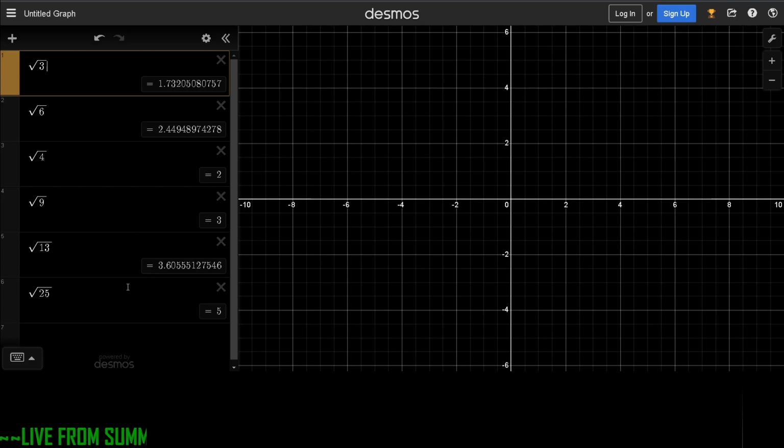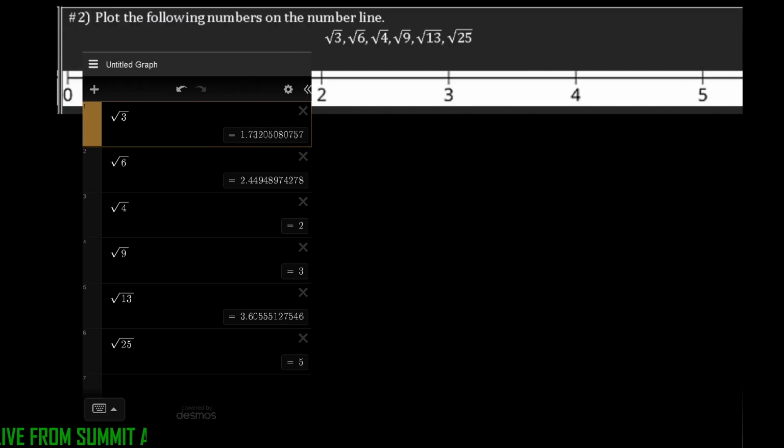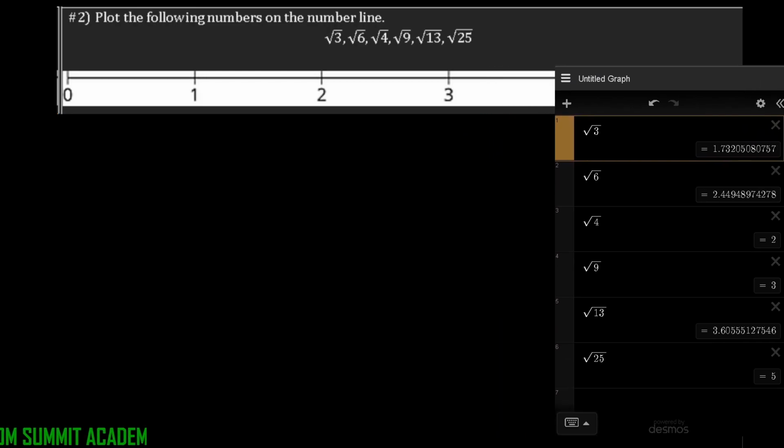So for example, let me do it like this. Let me see if I can cut this part off and move this over here, so that way we can write some of these down.